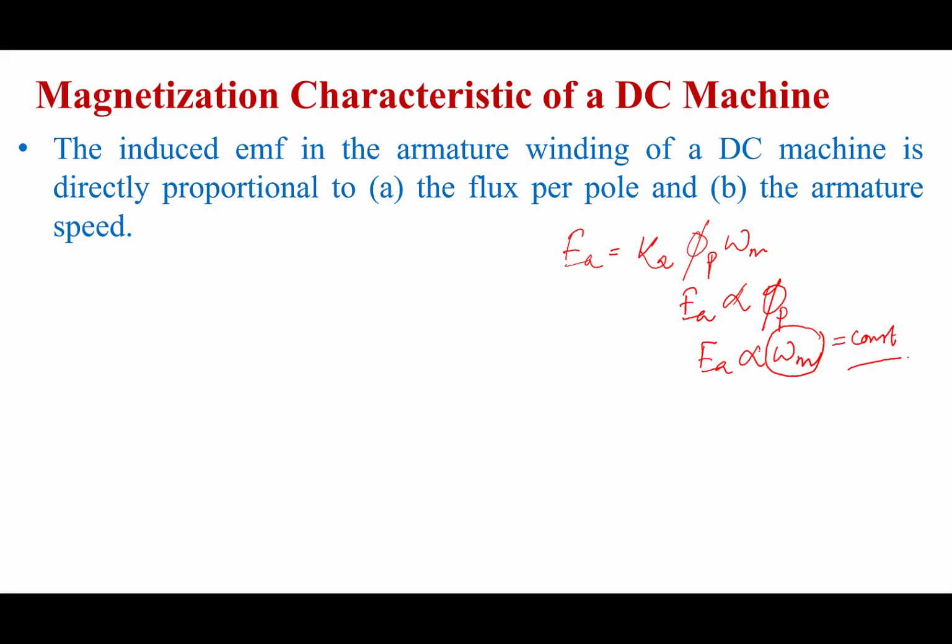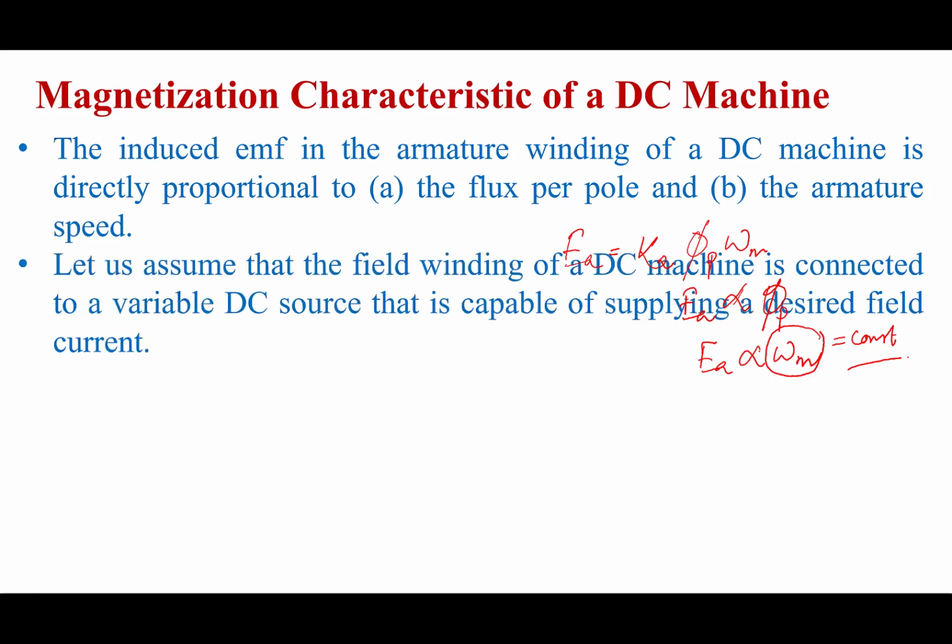Let us assume the field winding of a DC machine is connected to a variable DC source that is capable of applying a desired field current. There is a maximum limit of the field current we can supply to the field.